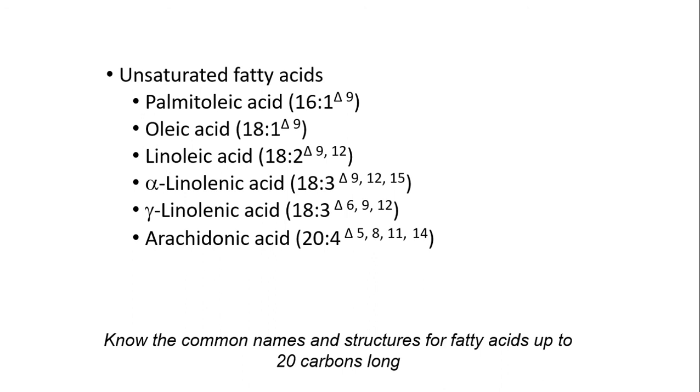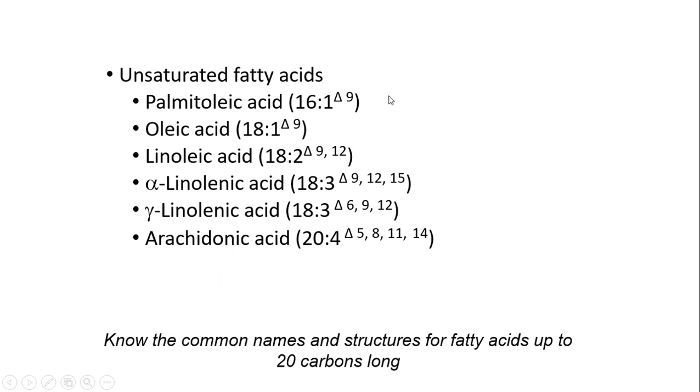Obviously, there aren't rotations around a double bond, and they are a bit more rigid and less flexible than those saturated fatty acids. I want to make sure you're going to be responsible for all of these except the gamma-linoleic acid, 18:3.